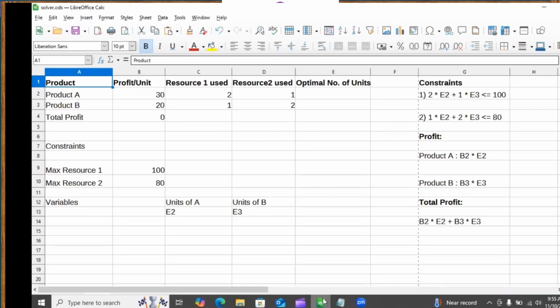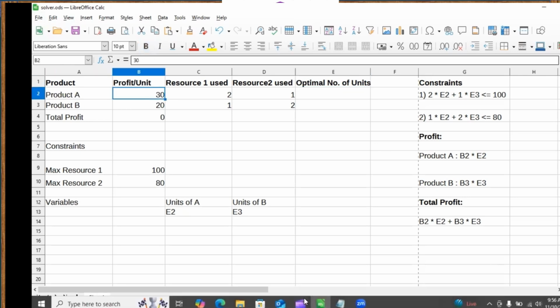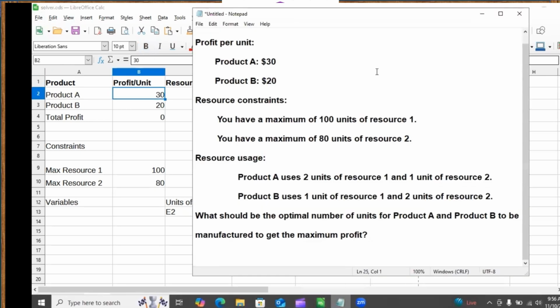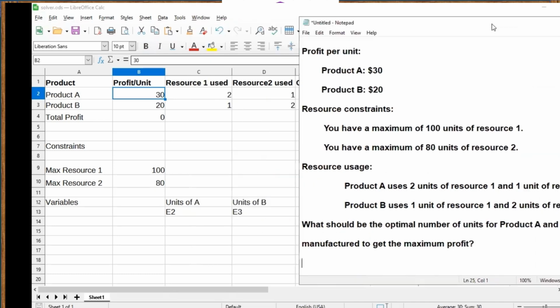Using the problem details as discussed, let's create a worksheet with the given data in the problem statement. Step-by-step setup in LibreOffice Calc. The first column shows the product. Next is profit per unit of Product A and Product B. The column headers labeled Resource Used 1 and 2 specify the units of resource required by Product A and Product B. Profit per unit of Product A is entered in cell B2.